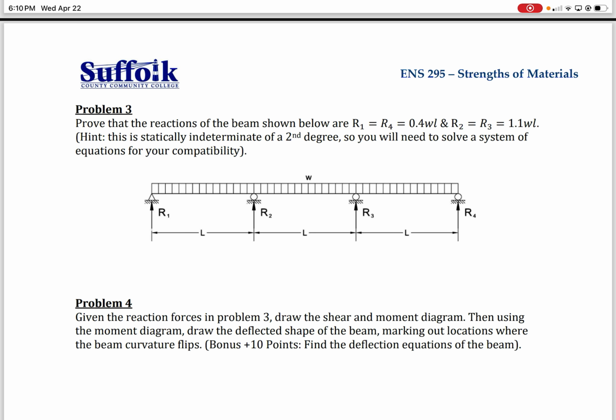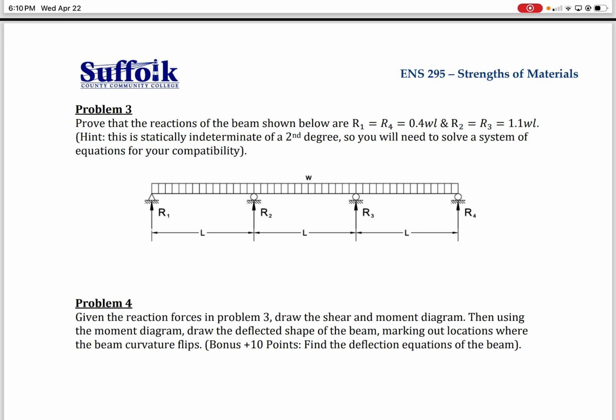I want you to show me either with superposition or in some other method, using the brute force method of applying the boundary conditions, to prove that that's the case. But if you use deflection equations, keep in mind which structural deflection equations you can use.